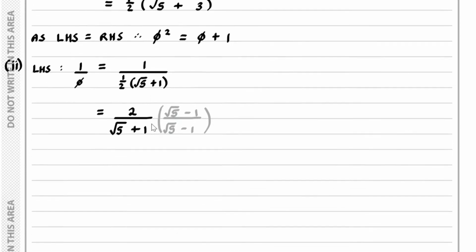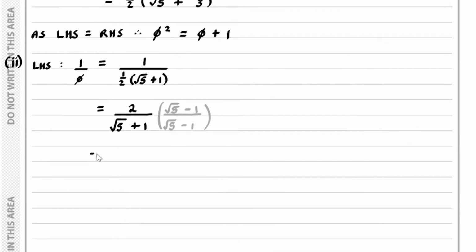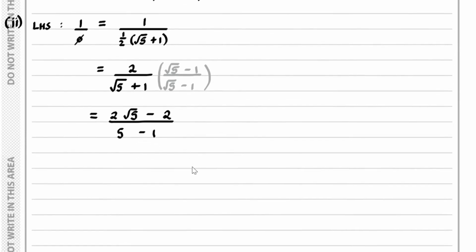So, expanding, along the top we've got 2 root 5 minus 2, and on the bottom we've got root 5 times root 5, which is 5, and then 1 minus 1, which is minus 1.